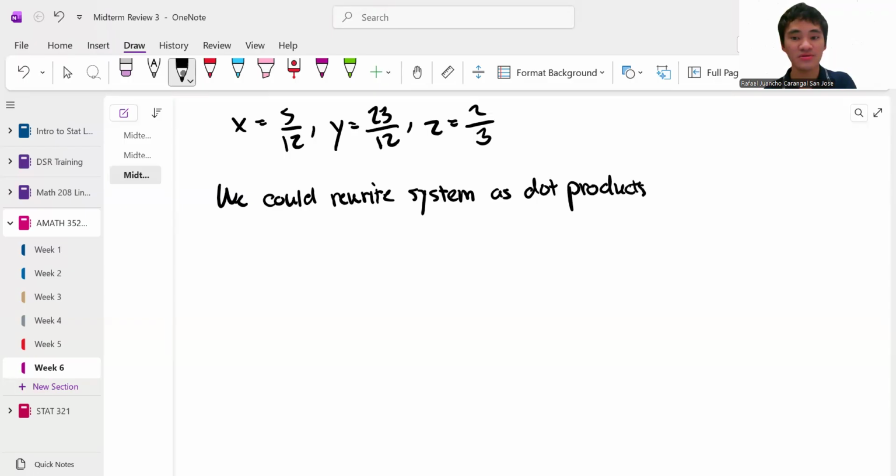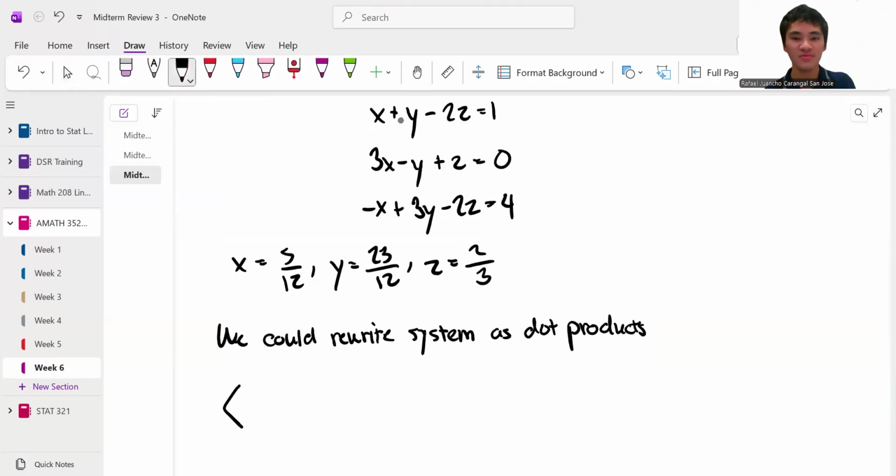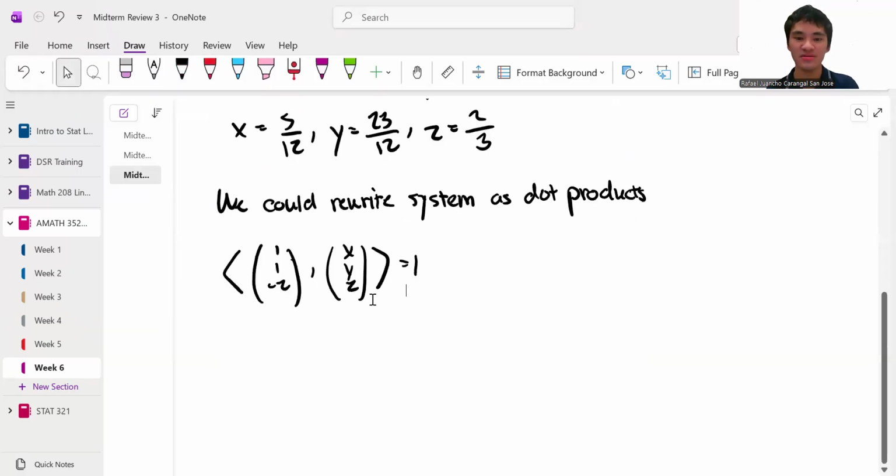For instance, the first one: 1, 1, negative 2, dotted with x, y, z. And that dot product is 1. So this is what we've learned, right?